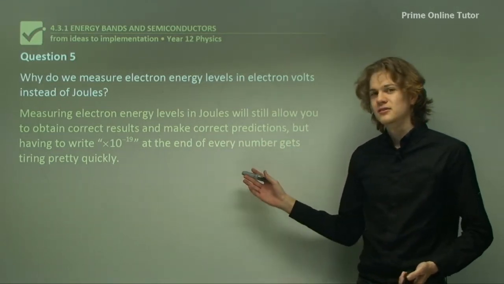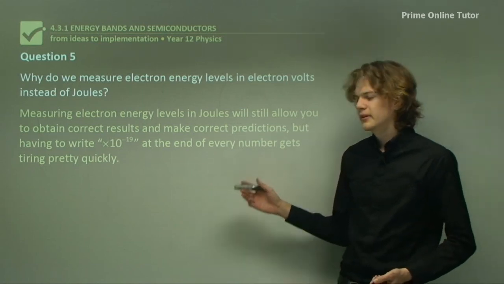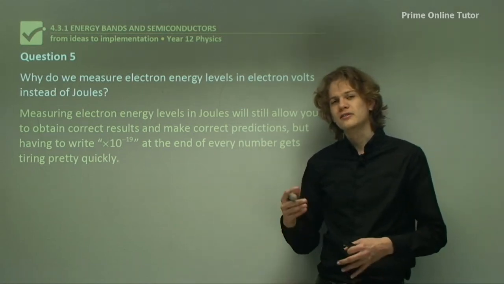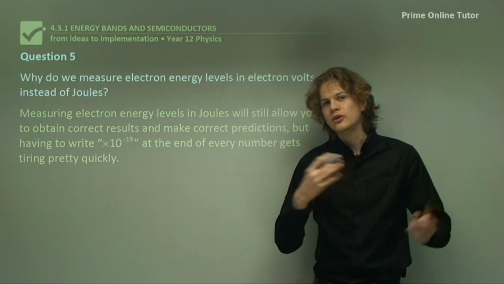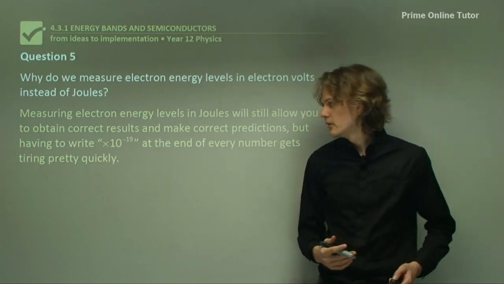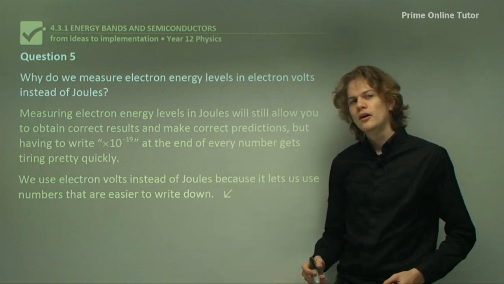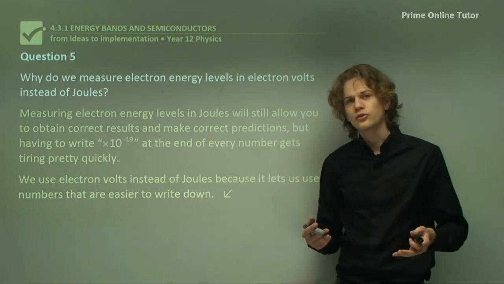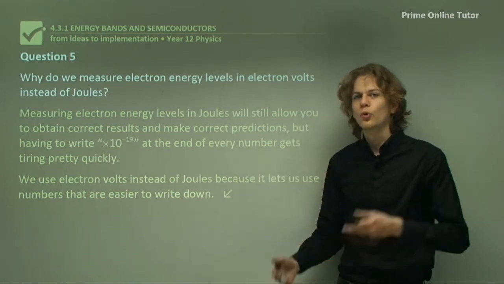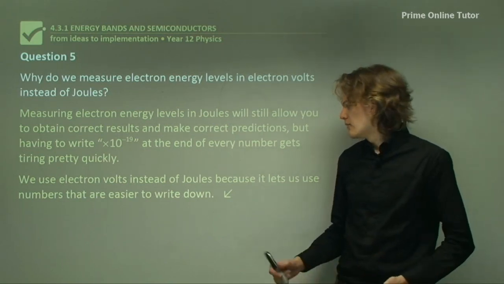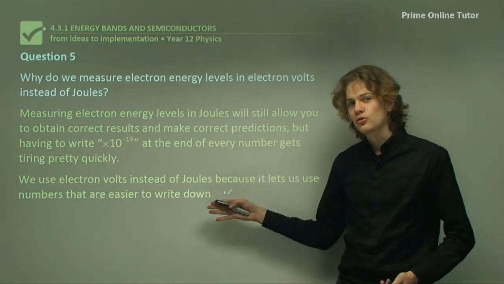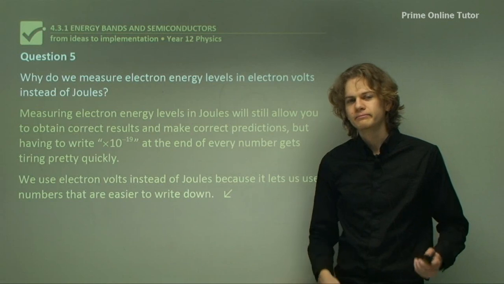And of course this gets tiring quite quickly. It also means that it's difficult to understand the magnitude and the difference between two different numbers measured in joules. Whereas if we use electron volts instead of joules, then we're dealing with small familiar quantities like 7 electron volts or 12 electron volts. And of course, this is a lot easier to both comprehend and to write down.